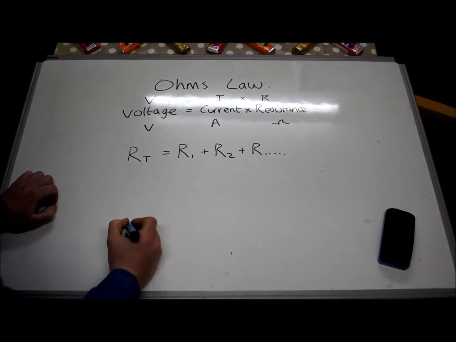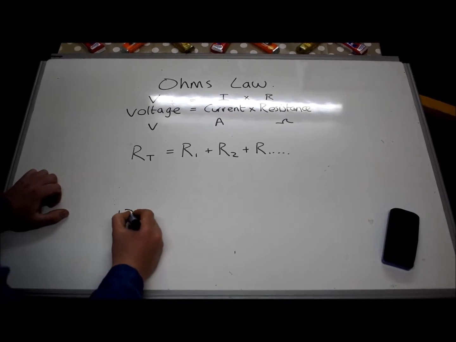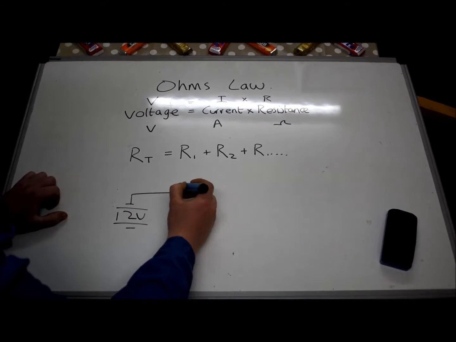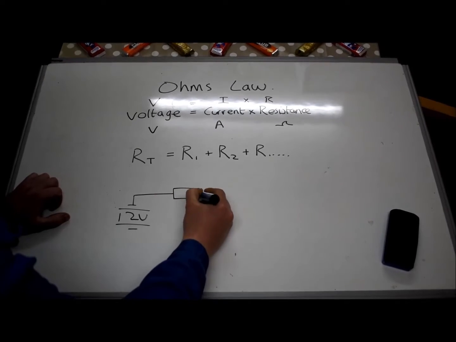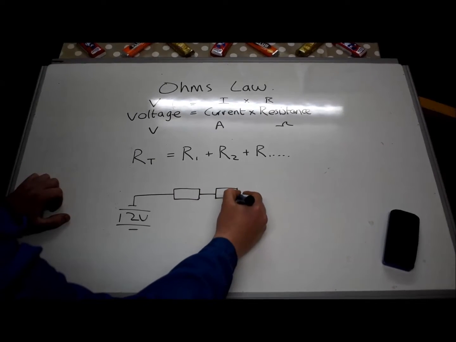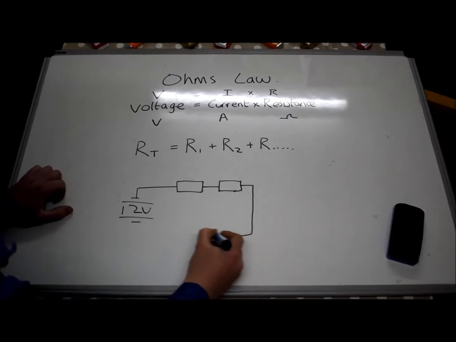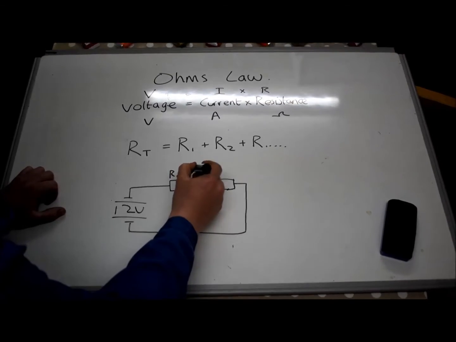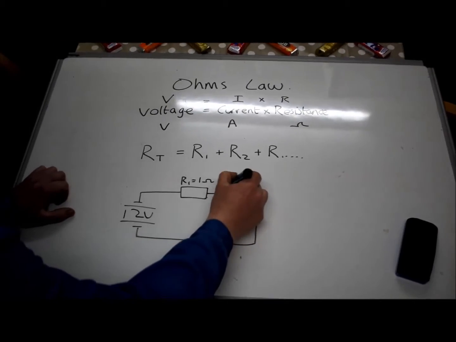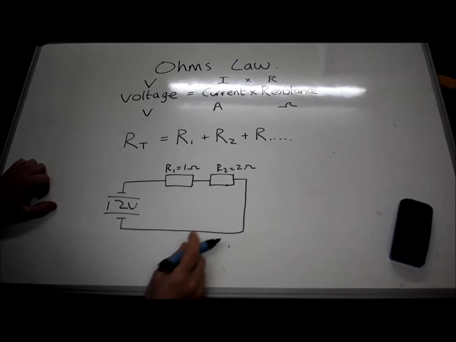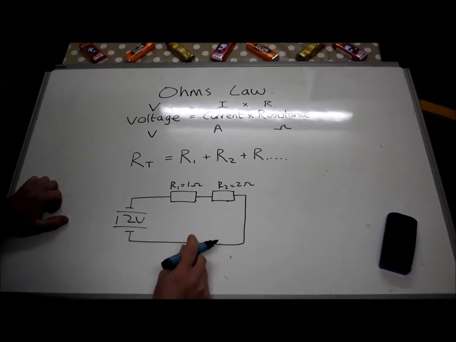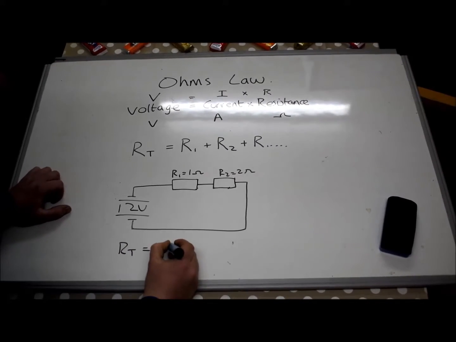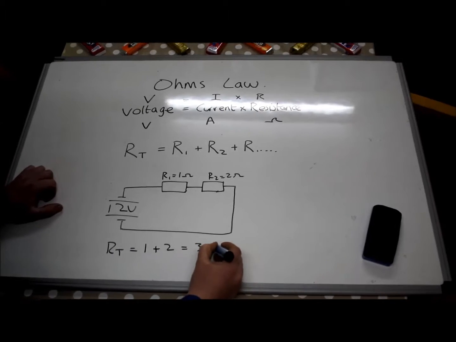So if we had a 12 volt power supply with two resistors in series, and we could say R1 equals 1 ohm, R2 equals 2 ohms, then the total resistance of the circuit would simply be 1 plus 2 equals 3 ohms.